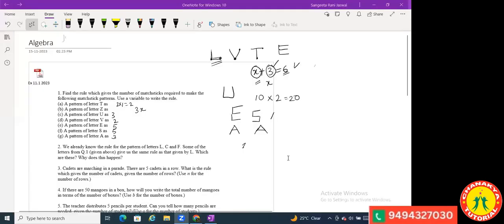So this is how you can make 5 also. And in some books it's like this also: 1, 2, 3, 4, 5, 6.